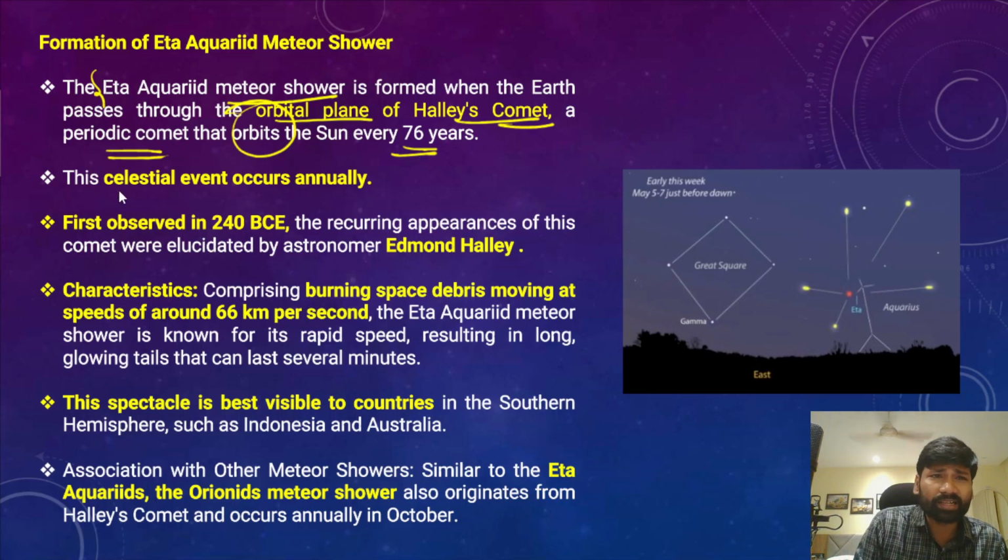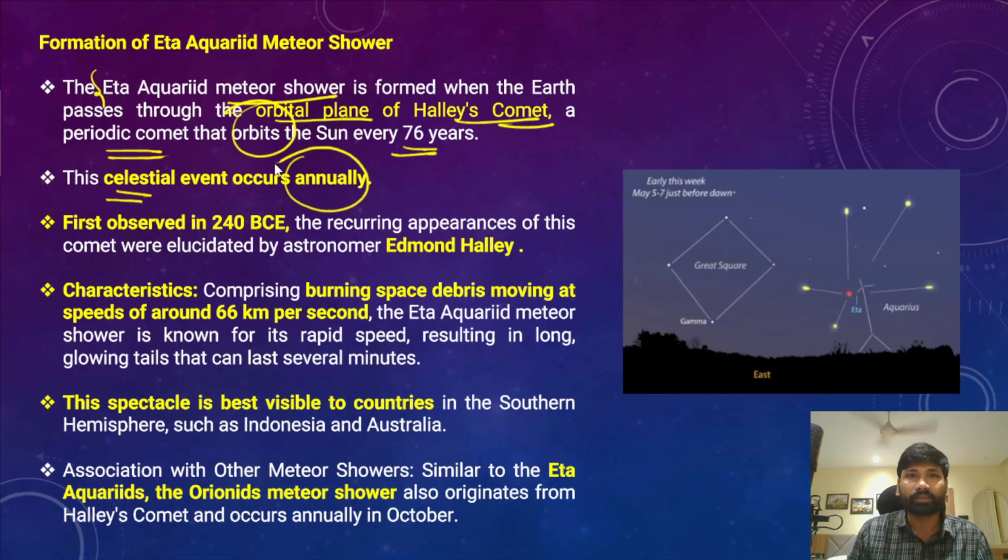Please understand, this is a celestial event that occurs every year. This meteor shower was first observed in 240 BCE, and the recurring appearance of this comet was elucidated by astronomer Edmund Halley.